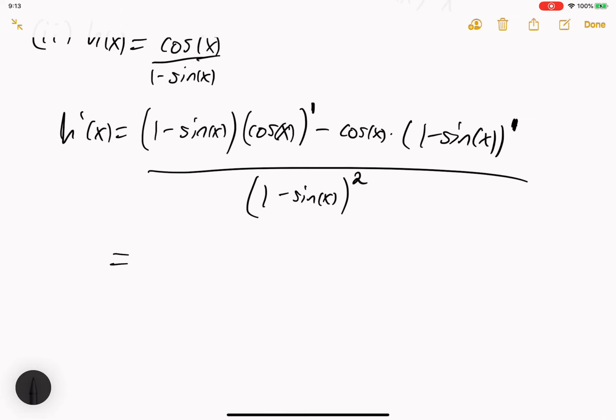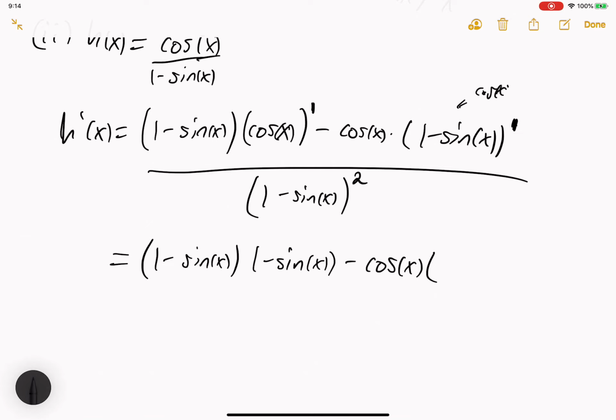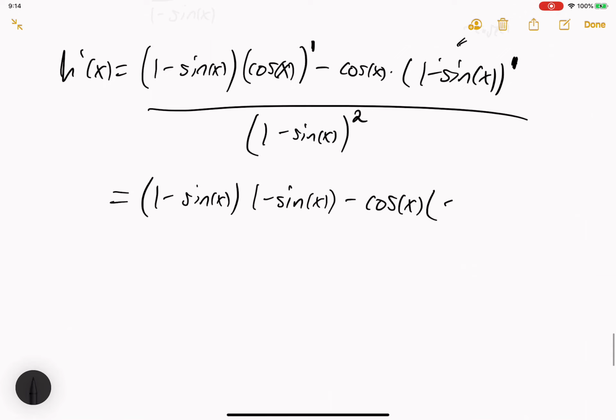So what we're going to get is 1 minus sine of x times the derivative of cosine of x, which is negative sine of x, minus cosine of x times the derivative of 1 minus sine of x. Remember we said the derivative of sine of x is cosine, but then we have the negative out there, so we get negative cosine of x.